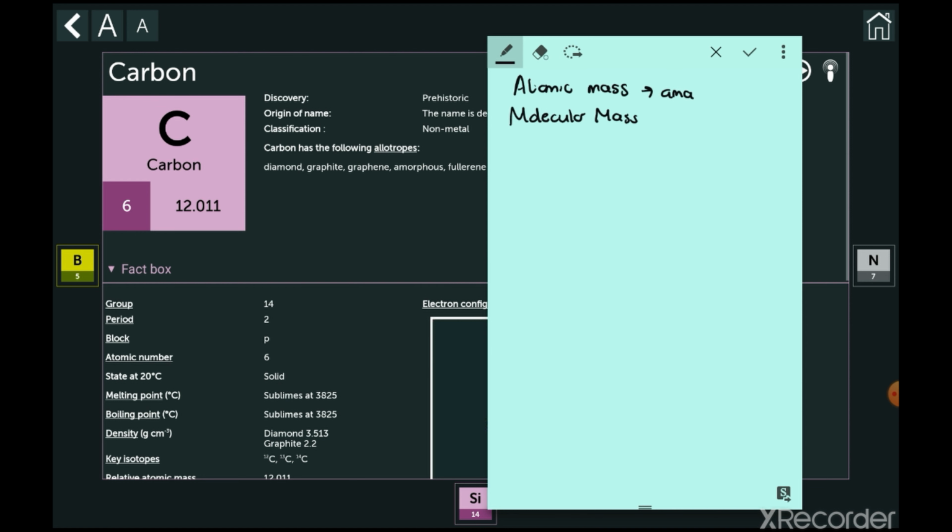That should be a u. We talked about atoms. In this case, we can talk about various particles like ions. We can even talk about electrons. But now, if we talk about molecular mass, molecular tells you that we're working with molecules.